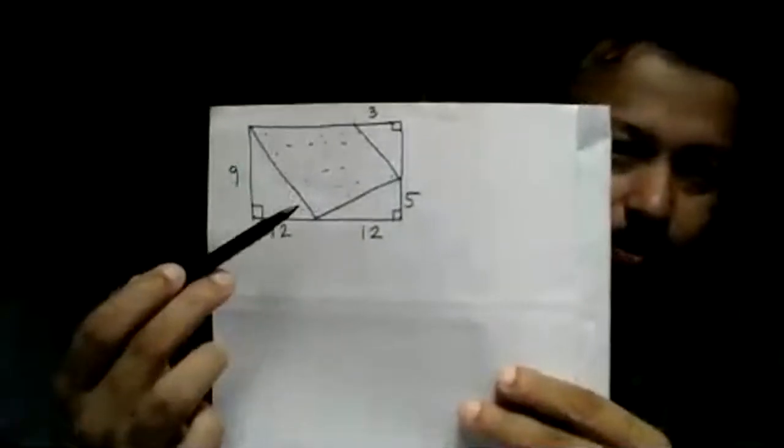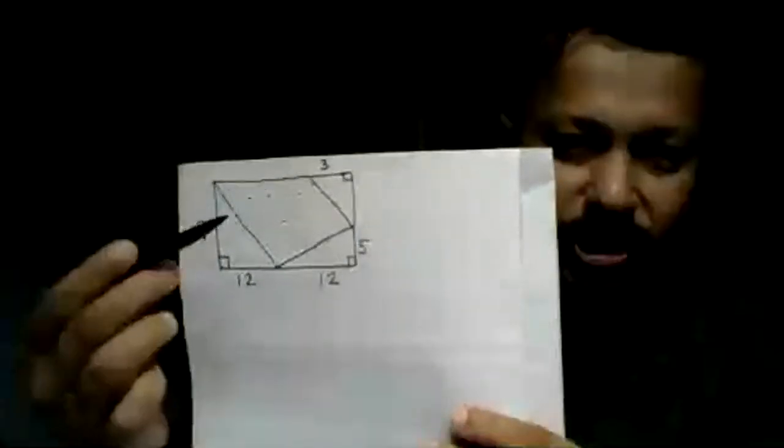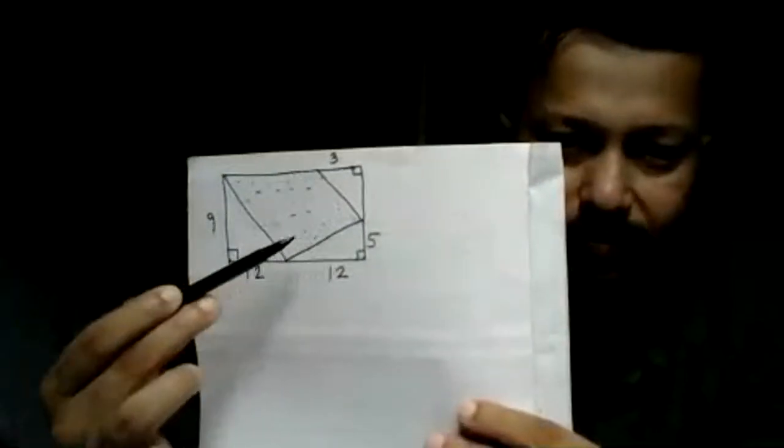See this figure. This is number 27. Try to understand, all of you. We have to find the shaded portion. Only this portion we have to find.